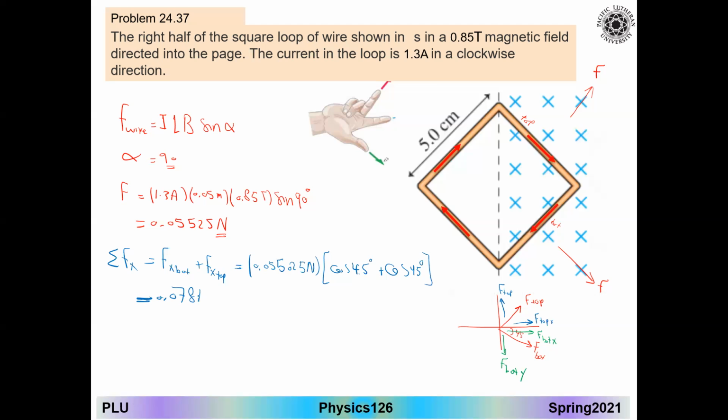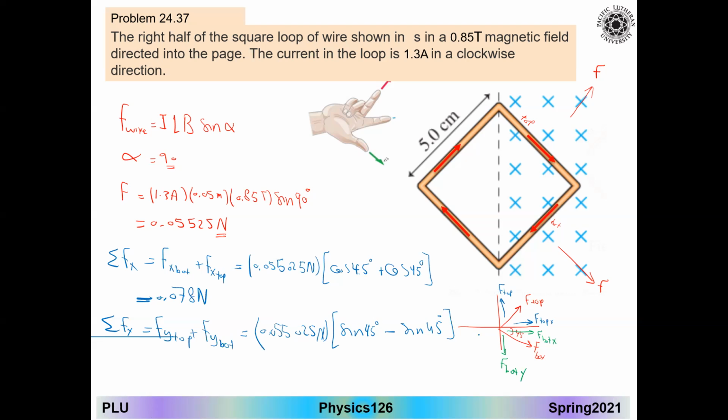Similarly, for the y component, the summation of Fy will be Fy in the top plus Fy in the bottom, which is 0.05525 Newton times sine 45 degrees minus sine 45 degrees.